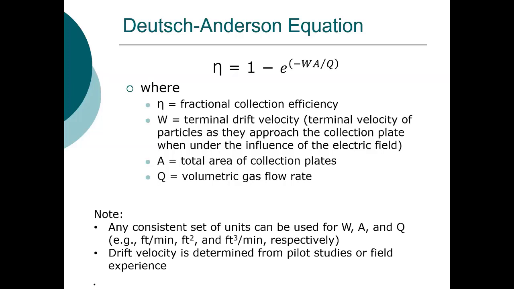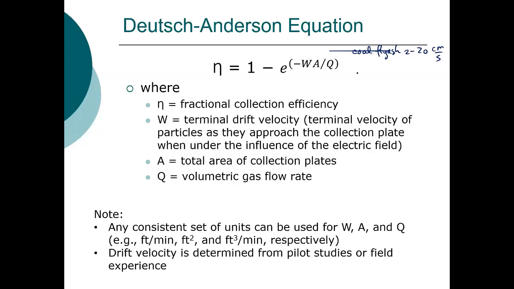A is the total area of all of those plates that you saw in those images, and Q is the volumetric gas flow rate. Drift velocities typically are determined from either pilot studies or field experiences, and they range from, for instance, for coal fly ash, about 2 to 20 centimeters per second.